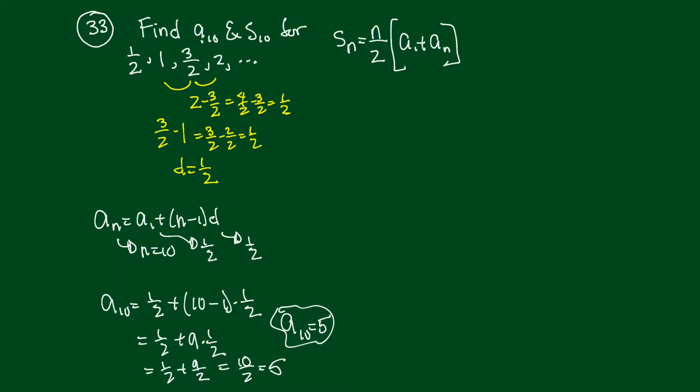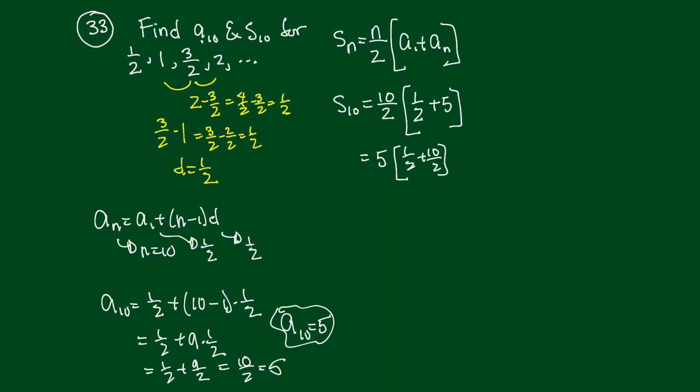Make our substitutions, so we'll get S sub 10, the sum of the first 10, is 10 over 2, times the first term, which is 1 half, plus the nth term. We're looking at the 10th term because n is 10, and the 10th term we just found to be 5, so this will be 5. 10 divided by 2 is 5, and then we'll get 1 half plus 10 halves.